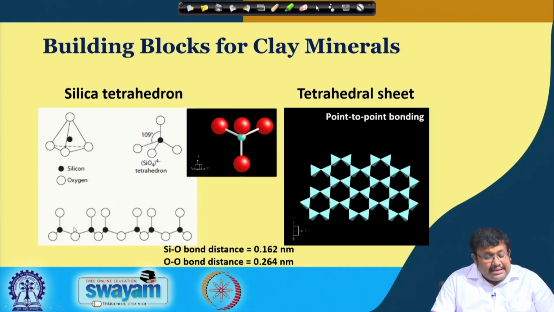When these individual silica tetrahedra share their oxygen between two adjacent tetrahedra, they form a sheet-like structure, and we call this a tetrahedral sheet. Here you can see an individual silica tetrahedron in 3-dimensional form, and this is the tetrahedral sheet, which is generated by sharing their points.